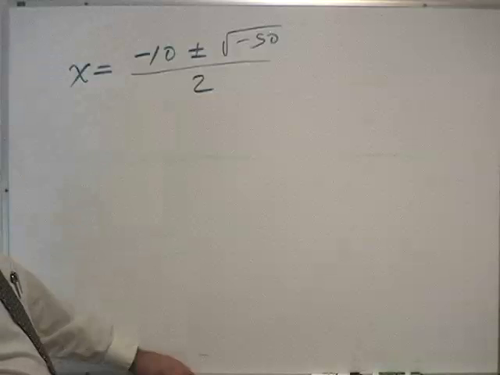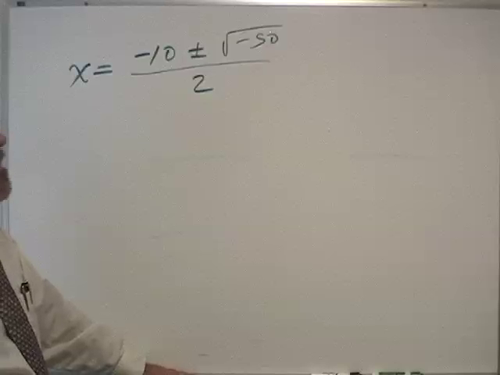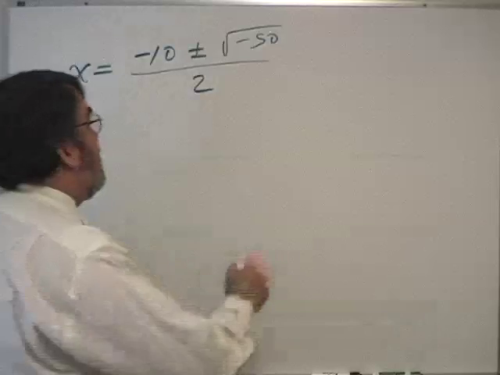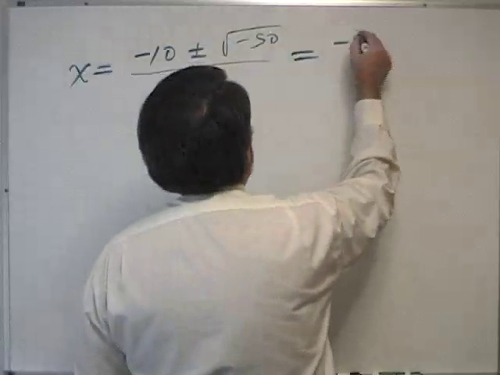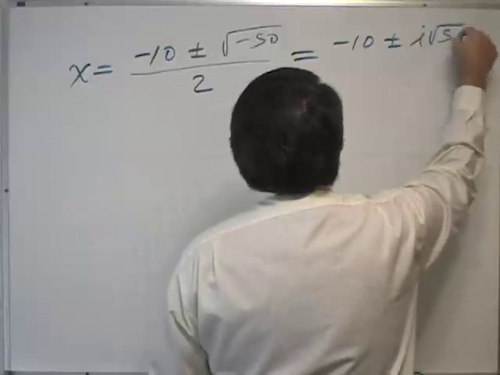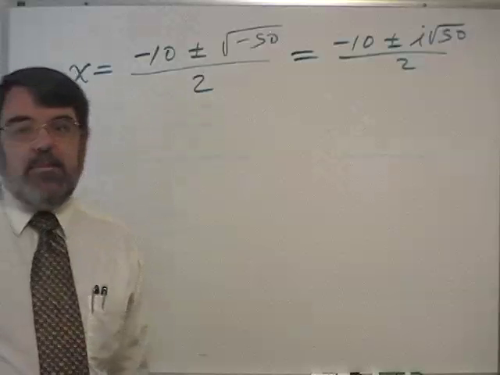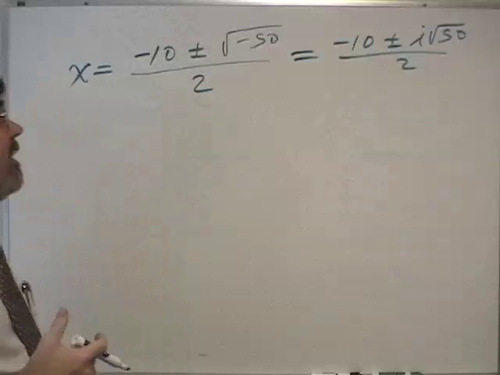Okay, well, we can do some simplifying here. The square root of negative 50, for starters, is a complex number. So this would be negative 10 plus or minus i times the square root of 50, over 2. So there it is, written in complex number form.